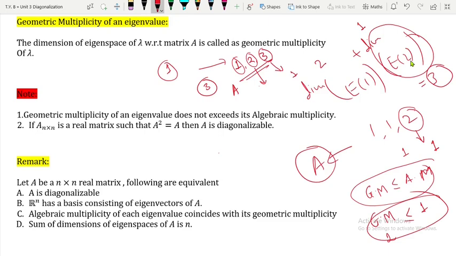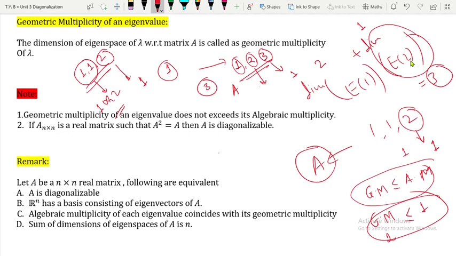The question is, when will there be 2 eigenvectors corresponding to some eigenvalue? That depends on the repetition. If your eigenvalues are 1, 1, 2, and the order of the matrix is 3, the eigenvector corresponding to eigenvalue 2 is going to be 1, but for eigenvalue 1 it may be 1 or it may be 2; we are not sure, but it is always going to be either 1 or 2.